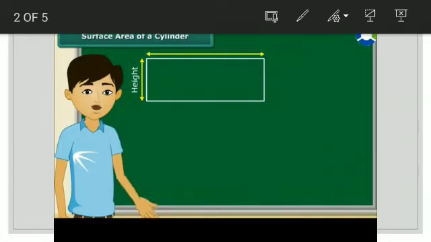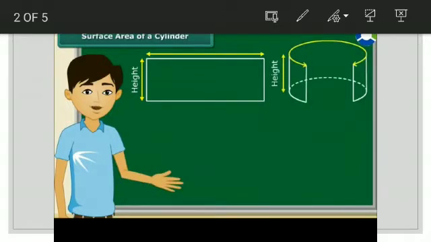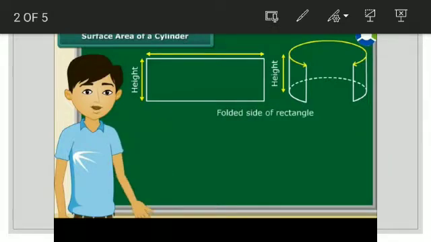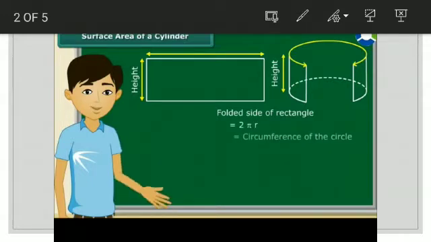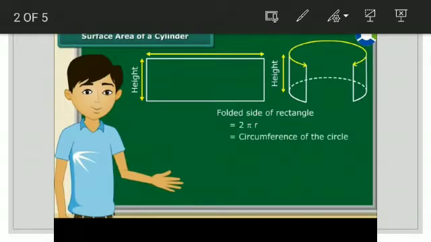As this rectangle is being folded, this side becomes the perimeter of the resulting circles. Thus, the folded side of the rectangle must be equal to 2 into pi into r, which is the circumference of the circle.